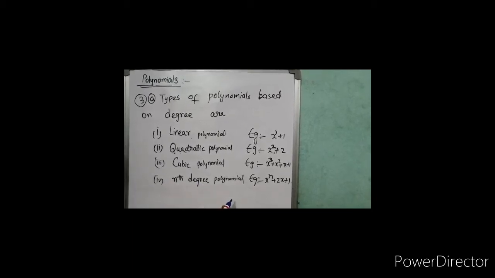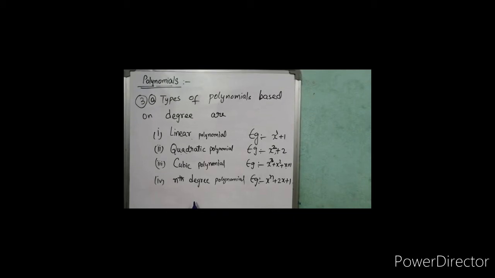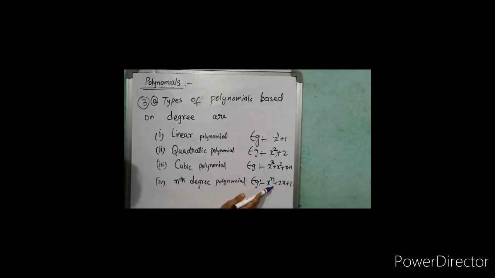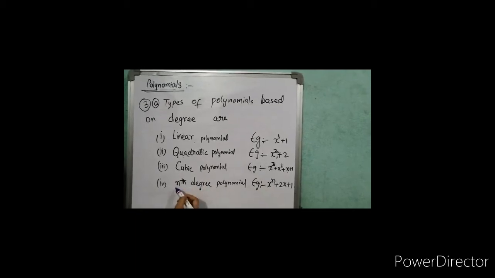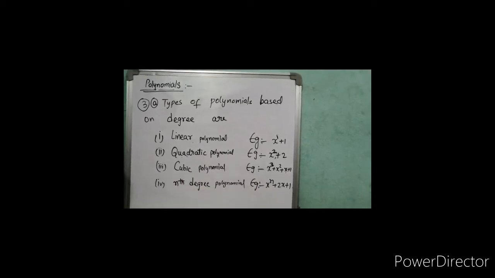In a similar way, if the polynomial consists of degree n, then it is called an nth degree polynomial. Like here example x power n. What is the highest power here? N is the highest power. Therefore, n is the degree of the polynomial here and it is called an nth degree polynomial.